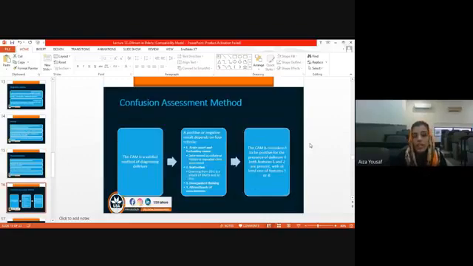Now, the confusion assessment method, which is also known as CAM. The CAM is a validated method for diagnosing delirium. After history taking and physical examination, we use specific diagnostic tools or questionnaires, which will help us find out whether the condition is present or not.